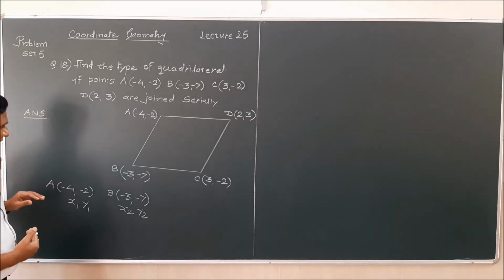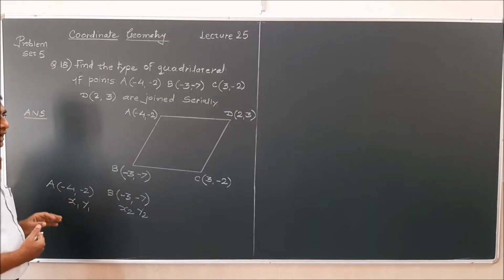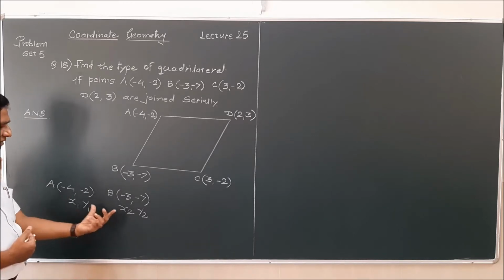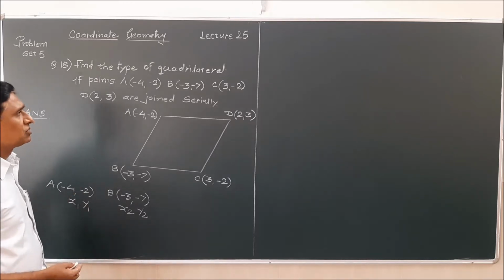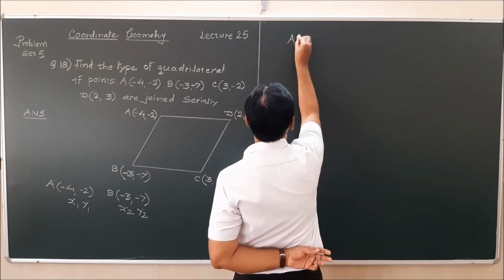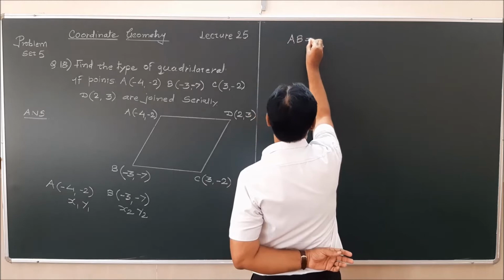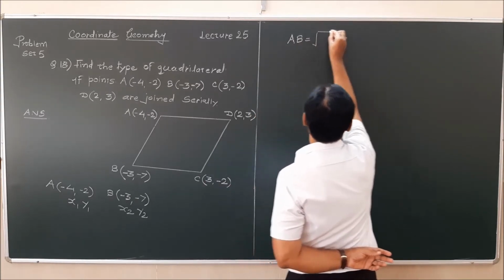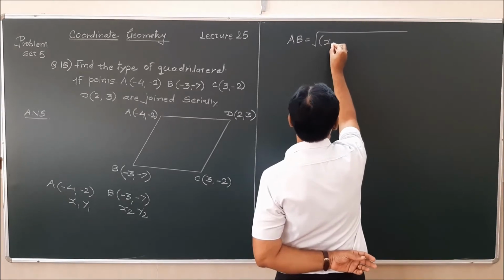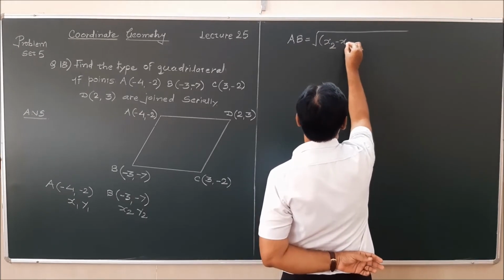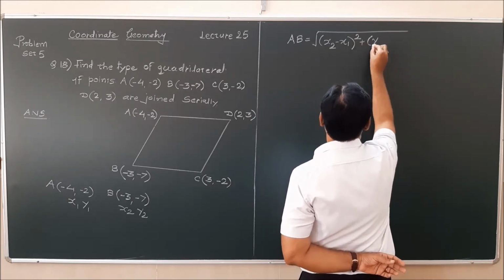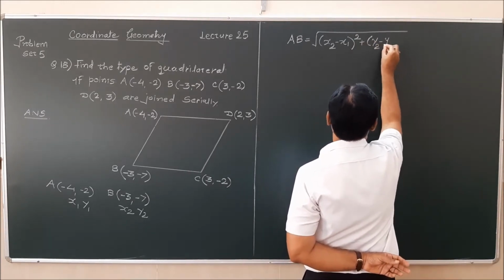So by the distance formula, I am going to find AB first. AB is equal to, I label them as x1, y1, x2, y2, root of (x2 minus x1) the whole square plus (y2 minus y1) the whole square.